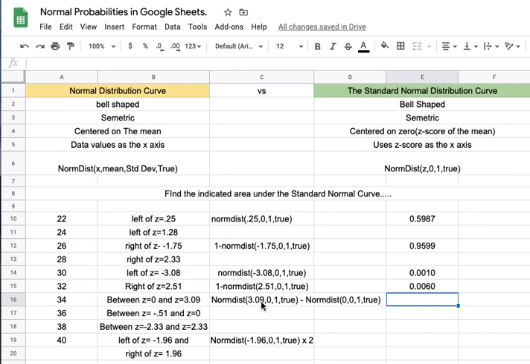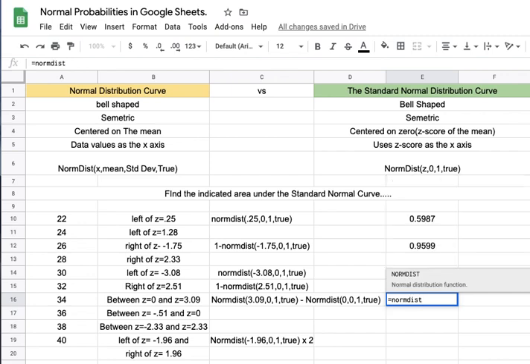Now what we want is the area that's in between the two. So essentially what we're doing is we're finding a bigger area with this one and the smaller area, the part we don't want, with this one, and we're going to subtract those two values. Now I know the answer to this is 0.5 because we're symmetric about the mean, but we're going to just go ahead and input it the way it would work.